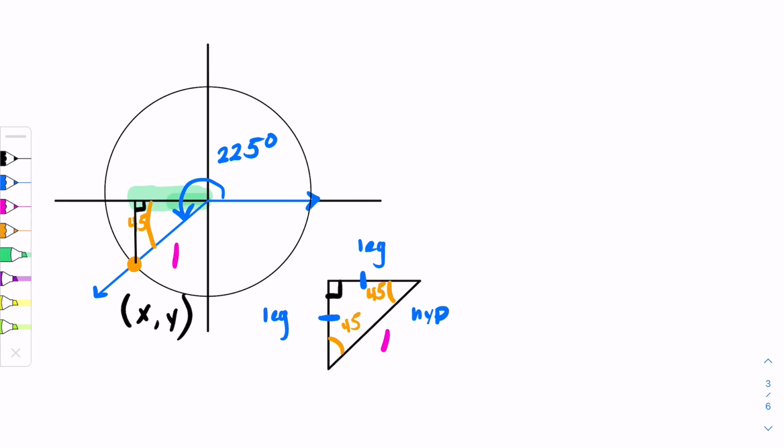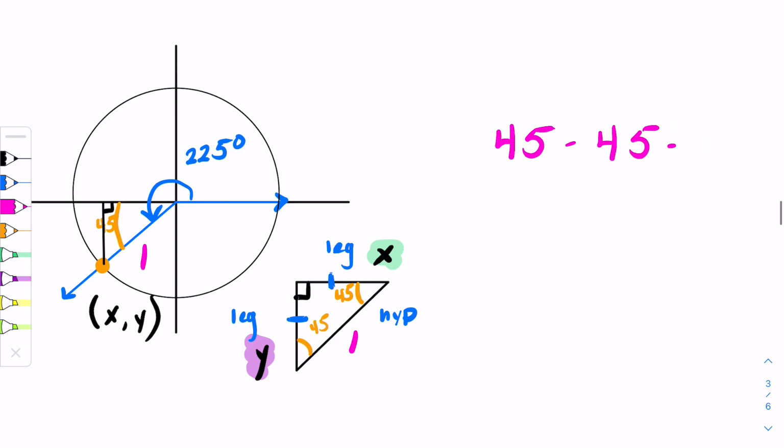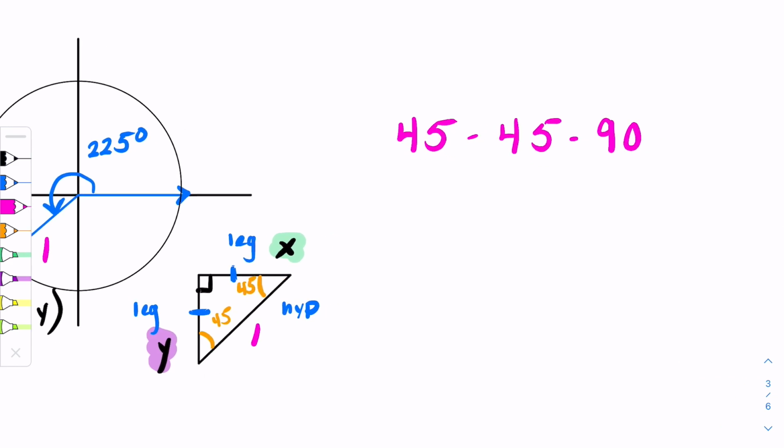Just for the sake of explaining, I'm going to label this part of the triangle x because it lies on the x-axis, and this part y because that represents the distance traveling down on the y-axis. And now I can use my 45, 45, 90 triangles to solve for the missing side lengths, which will allow me to solve for the missing values of x and y.